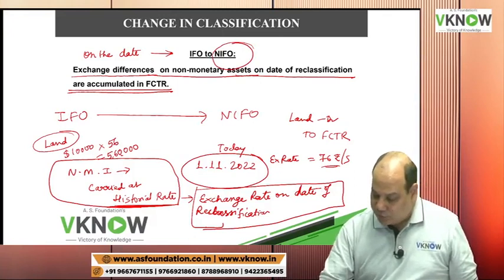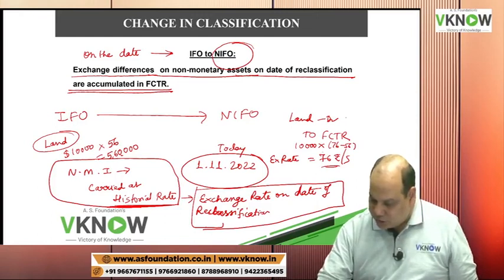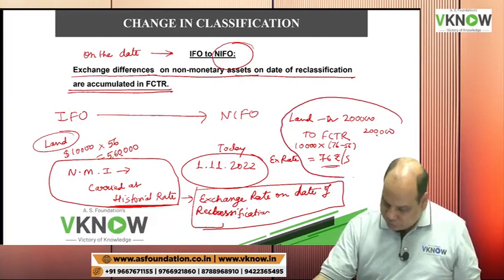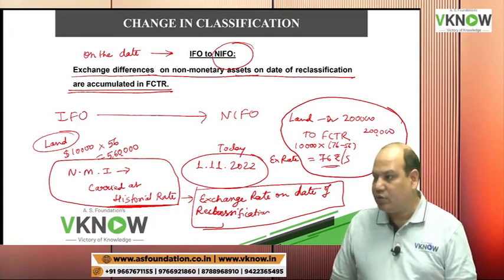So my answer for this question will be 10,000 into the difference between 76 minus 56, that is 20 rupees into 10,000. 2 lakh rupees I will have to transfer to FCTR.